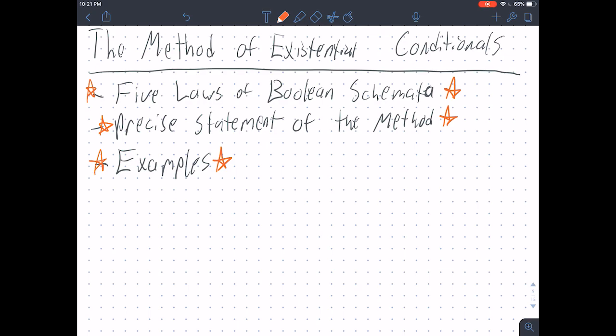And so what we're going to do to make these laws work for any Boolean statement schema is we're going to convert the Boolean statement schema into conjunctive normal form. So the reason why you had to learn conjunctive normal form is so that you can kind of beat your schemata into a form where one of these 5 laws applies, and then we just use the relevant law to test for validity.